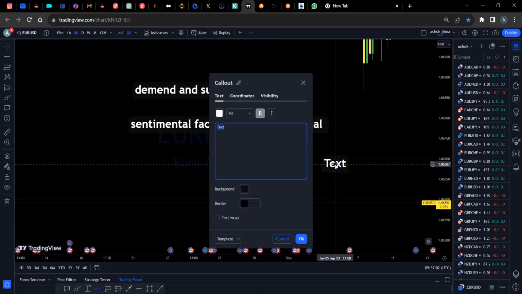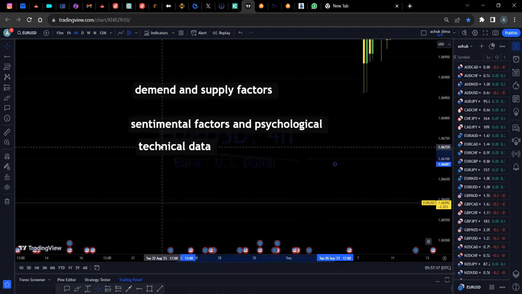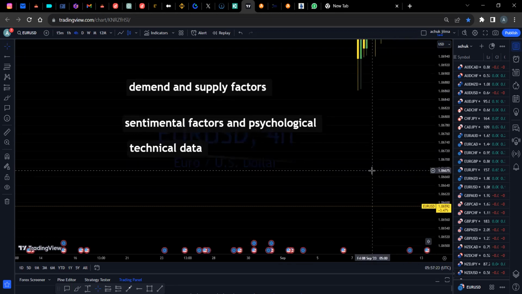And then maybe the other factor which also moves the market is the technical data. This is where we get our monthly and yearly releases of micro and macro data.